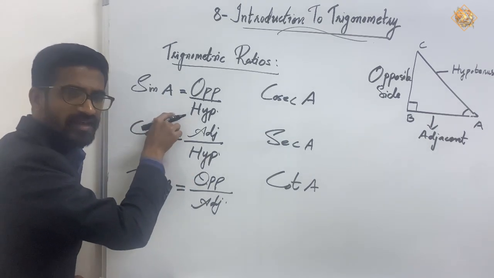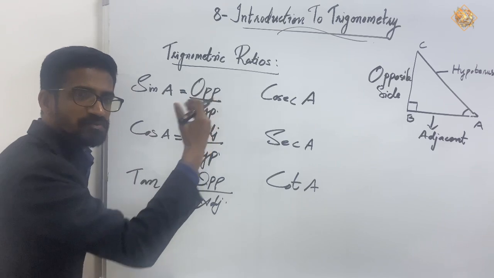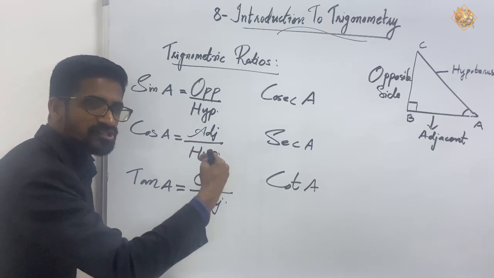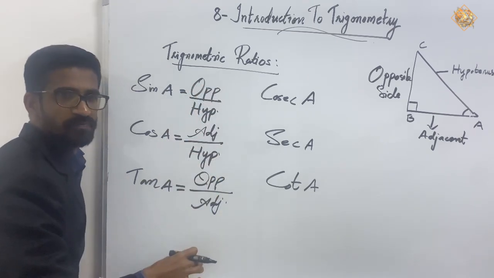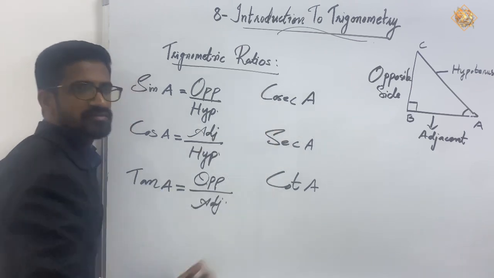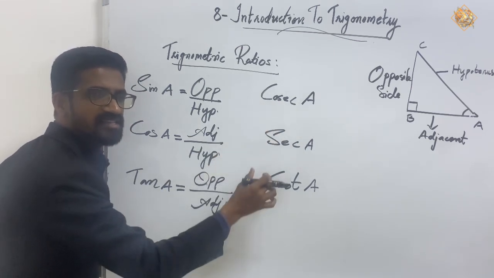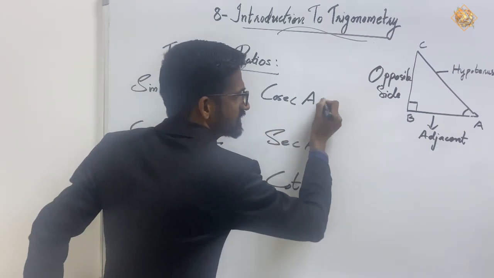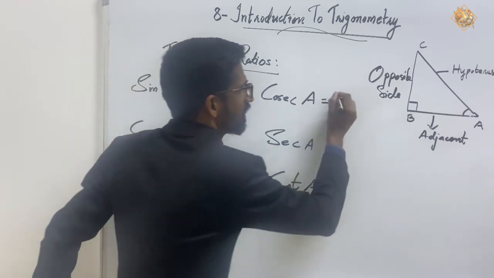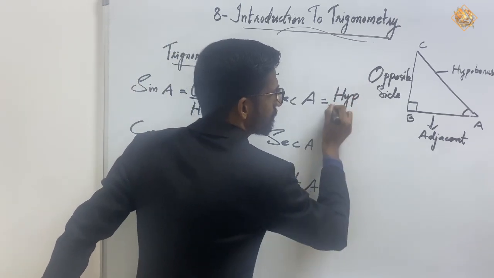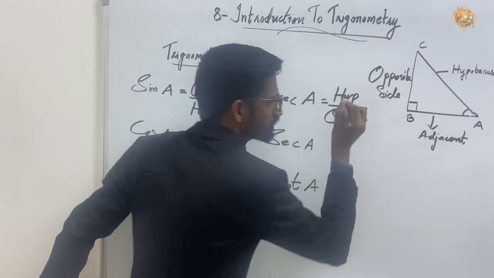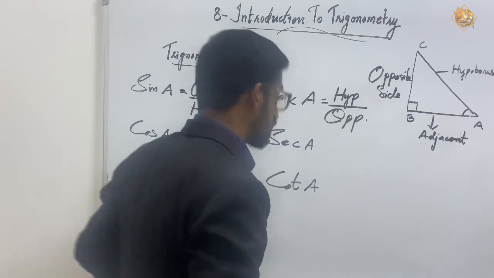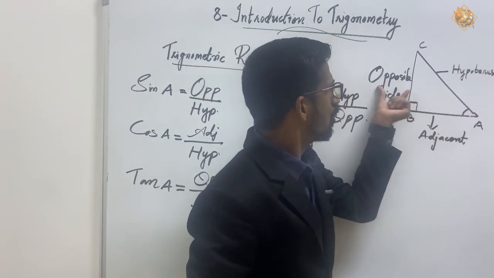So sine is opposite by hypotenuse, cos is adjacent by hypotenuse, tan is opposite by adjacent. This must be very thorough. Now the next 3: cosec, sec, and cot. What is cosec A? The definition for cosec is hypotenuse by opposite side.